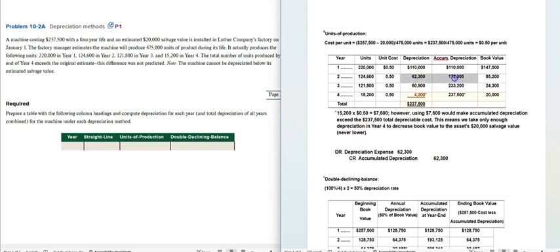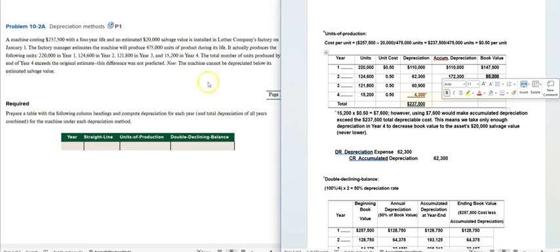That would cause the balance in my accumulated depreciation account to increase to 172.3. As my accumulated depreciation balance increases, the asset's book value will fall. Cost minus its accumulated depreciation gives me the asset's book value at the end of year two.